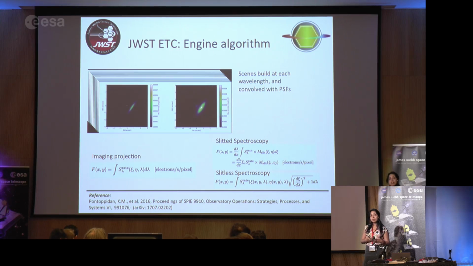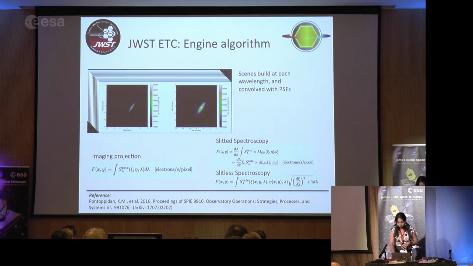For slitless spectroscopy, it's a little more complicated because the resolution of your spectra depends on the actual spatial extent of your source. So you have to take into account a more complex slit mask, which will have the dimensions of the source. It'll be dependent both on the wavelength as well as the X and Y extent of your object.